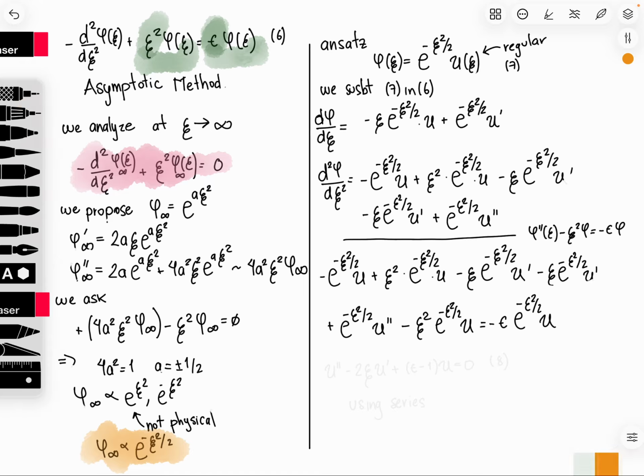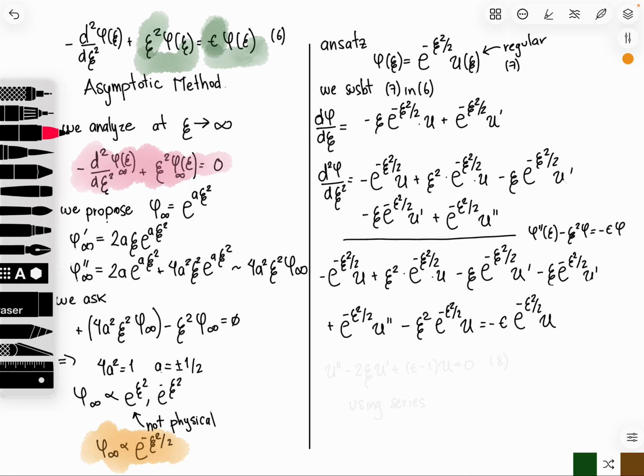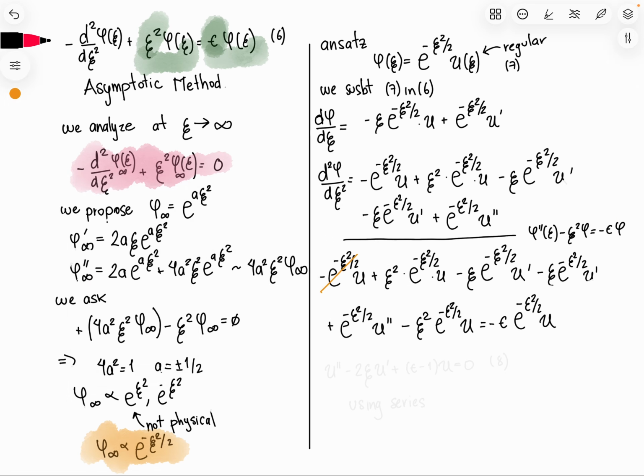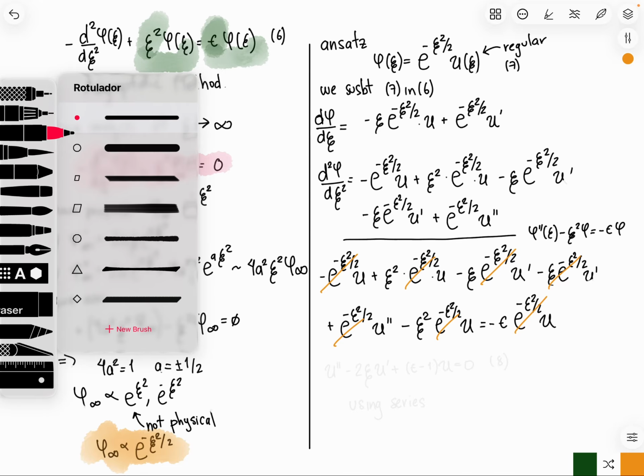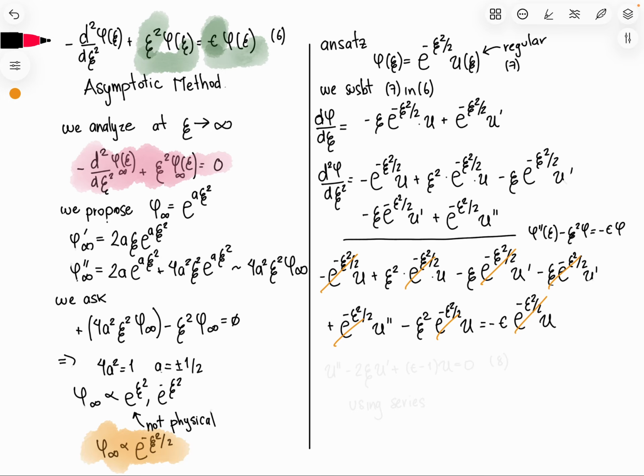In this expression, we can get rid of the exponential, because it appears everywhere. When you derive an exponential, you get the same exponential times something. Also, there are terms that are equivalent. You see, the term with the psi square cancels with this one.